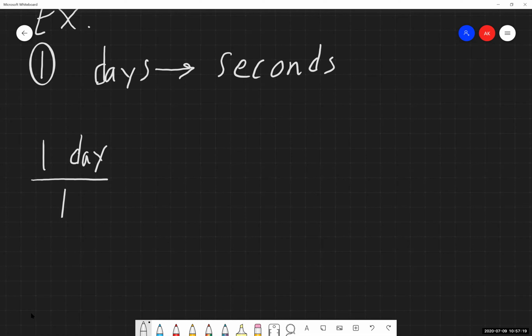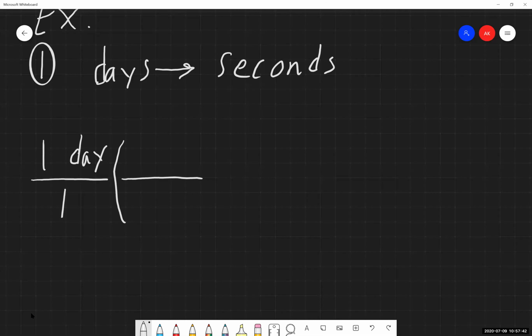So that's fine. We can and will go through a multi-step process to get to there. So you say, okay, is there a unit I could convert from days to something else that's closer to seconds? Well, there is. Instead of being in days, I could convert this to be days into hours.